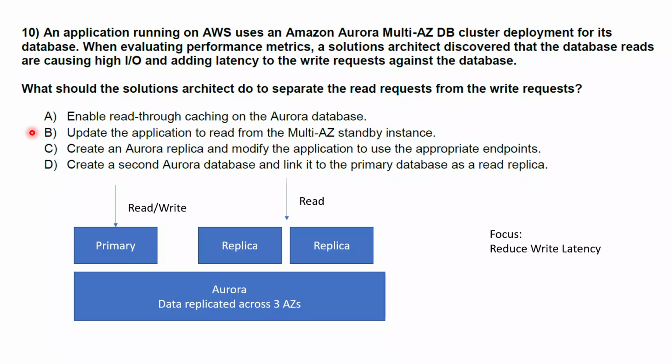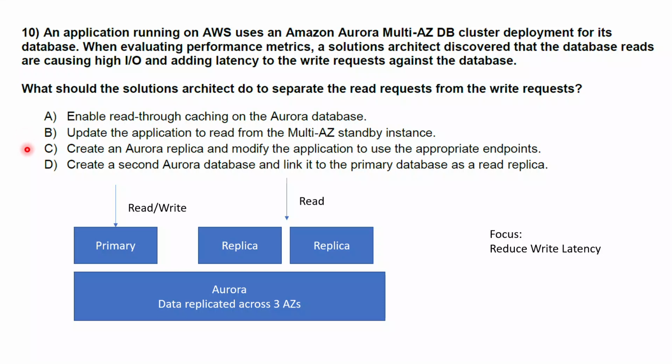And a second issue is that Aurora does not have the concept of standby instances. Aurora promotes a read replica as the primary when an existing primary goes down. Or in case if you don't have a read replica, it will launch a new replacement instance for primary. So this choice is also not valid.